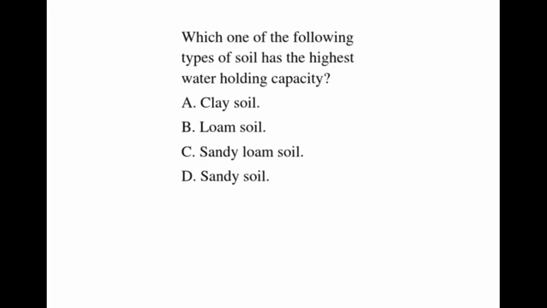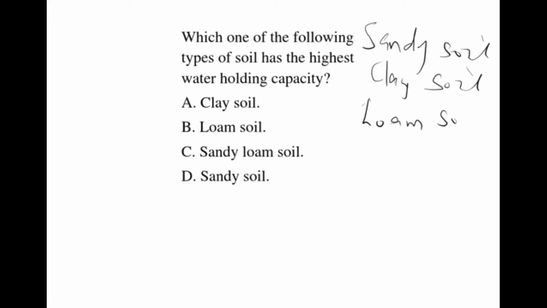Which one of the following types of soil has the highest water holding capacity? When you talk of water holding capacity, it's one of the physical properties of soil. We have three different types of soil. We have the sandy soil, the clay soil, and then the loam soil. All these physical properties of soil are determined by the size of soil particles.